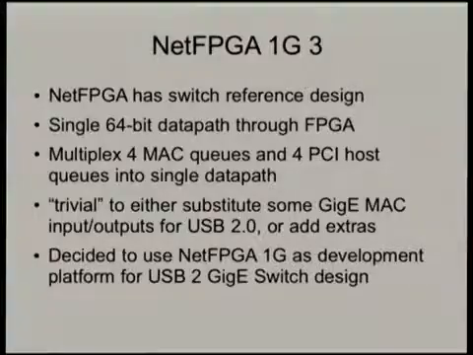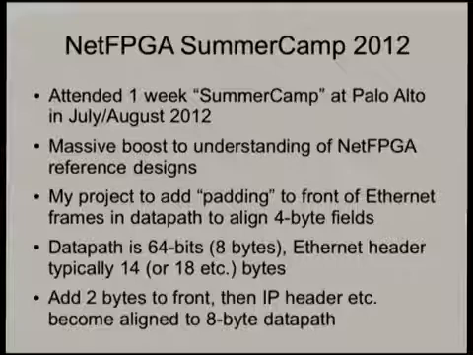It should be trivial to substitute some of the GigE MAC input-outputs within the reference design for the USB MACs, or to just enhance it, and instead of having 4 inputs into the data path, have 6. So I decided to use NetFPGA 1G's development platform for building the initial USB 2 gigabit Ethernet switch. And last year I also got to go to the NetFPGA Summer Camp 2012, wearing a t-shirt.